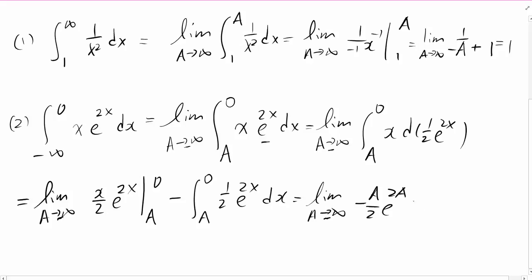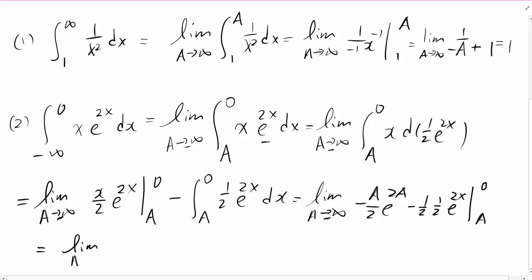And the second integral over here, now we can find out that's going to be minus 1/2, another 1/2, and e to the 2x. Again, we plug in 0 and a, right? So we have the following limit.